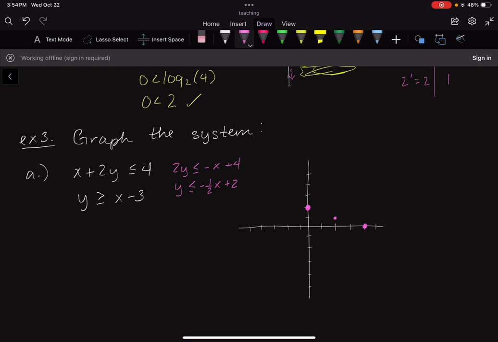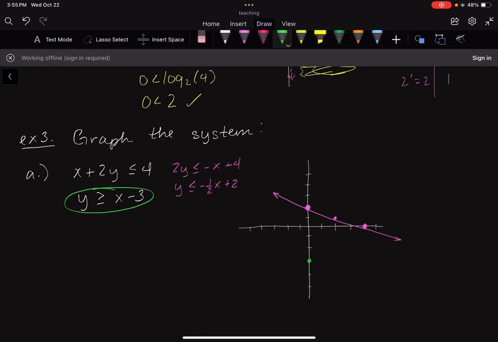Is this the same one I did earlier? Just about, but this one has a solid line. Then I'll graph my other line. This one is also solid.